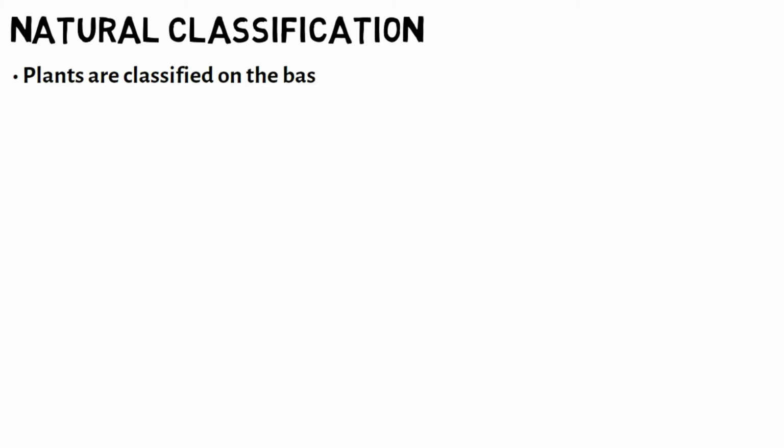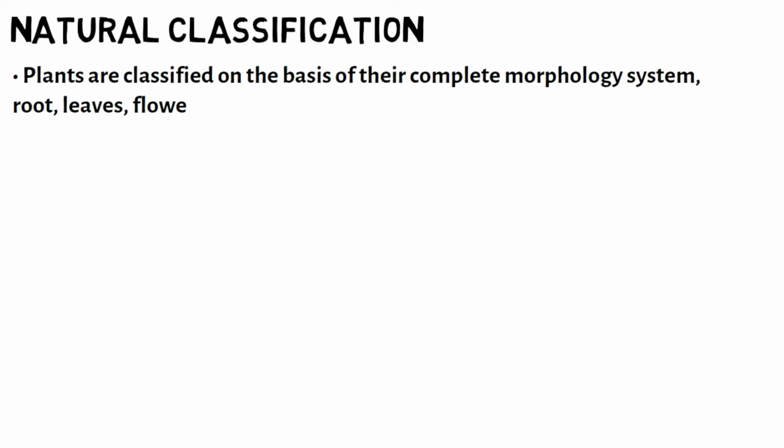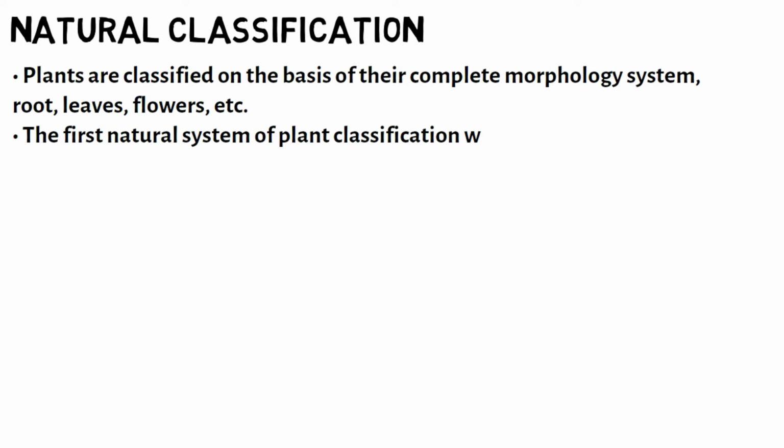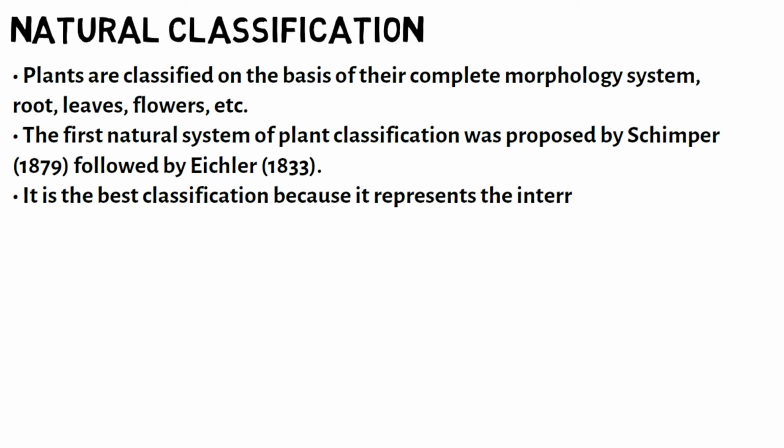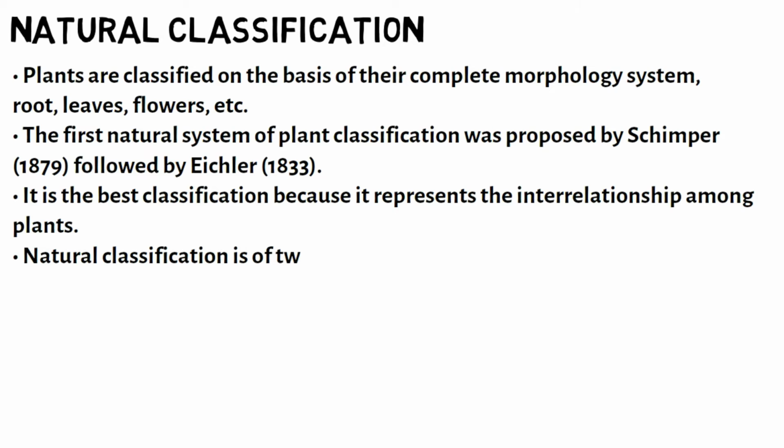Natural classification: plants are classified on the basis of their complete morphology: stem, root, leaves, flowers, etc. The first natural system of plant classification was proposed by Schimper, 1879, followed by Eichler, 1883. It is the best classification because it represents the interrelationship among plants.